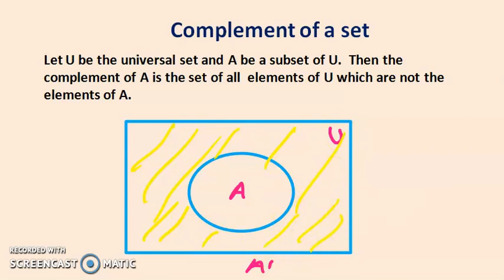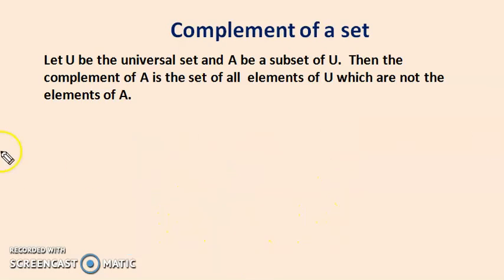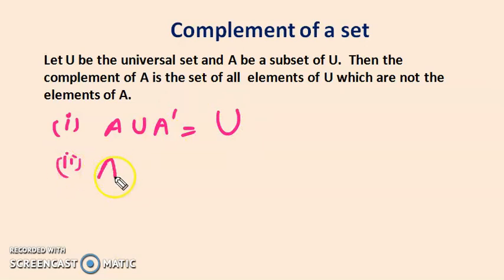There are certain properties of the complement of a set. Number one: A union A dash is always the universal set. Second property: A intersection A dash, because these two are disjoint sets, leads to the empty set.